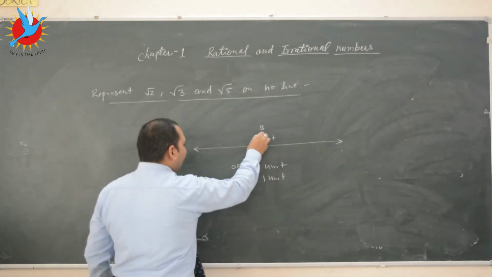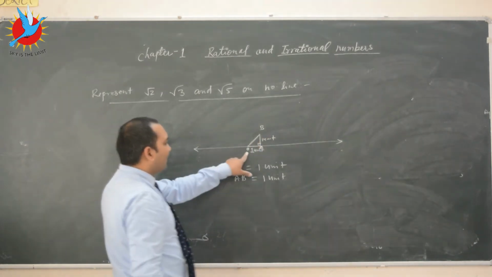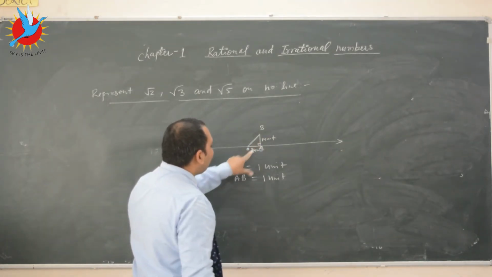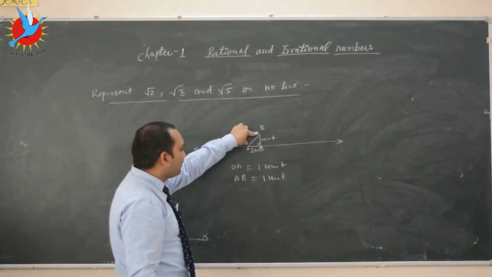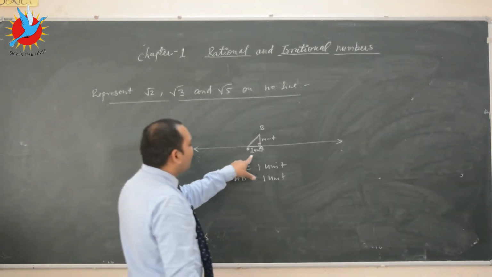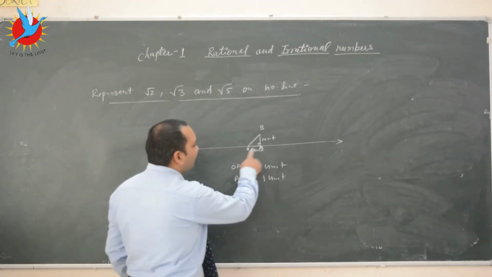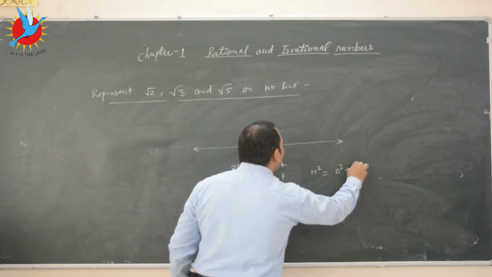So what is the length of this hypotenuse? The Pythagoras theorem states that the square of the hypotenuse is equal to the sum of the squares of the other two sides, that is, hypotenuse squared is equal to base squared plus perpendicular squared.